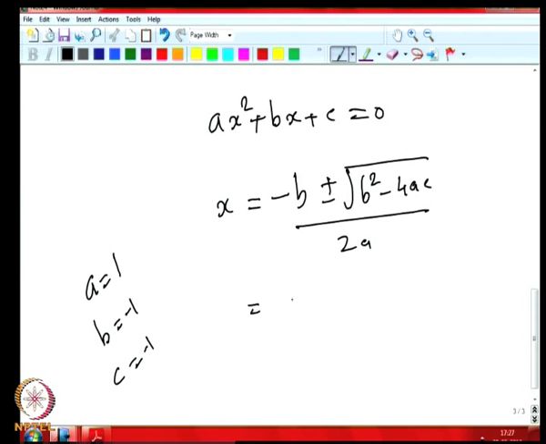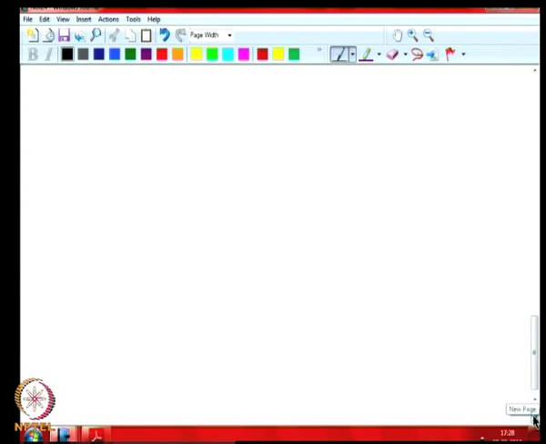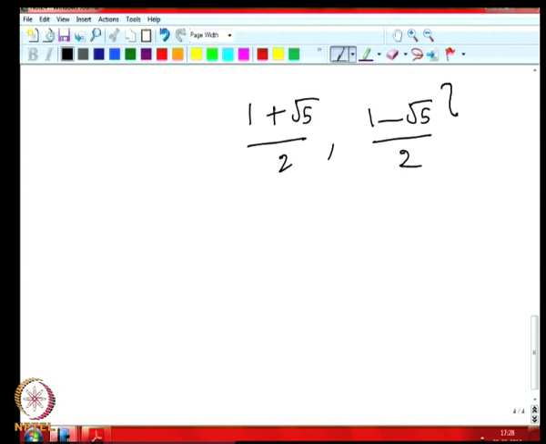So, we get 1 plus or minus root of 1 minus 4 into a, which is 1, into c, which is again minus 1, so this will be plus, and divided by 2 into a, which is 2. So, this is root 5 here. We have 1 plus root 5 or 1 minus root 5, there are two solutions. 1 plus root 5 by 2 is a solution and 1 minus root 5 by 2 is a solution for this.